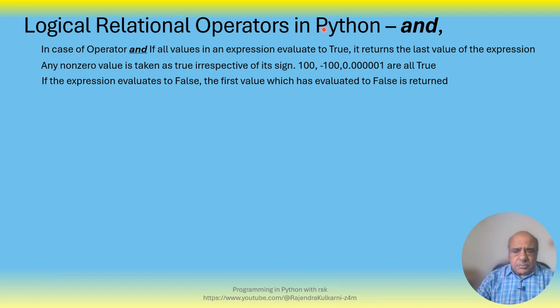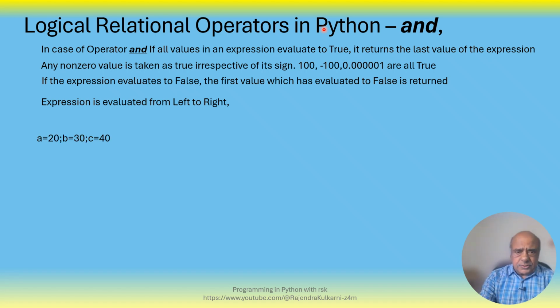While evaluating the expression, when it encounters false for the first time, it will return that value. So when it evaluates to true, the last value of the expression is returned. In case of false, the first value that is false is returned. All the expressions in and or in any logical relational operators are evaluated from left to right.